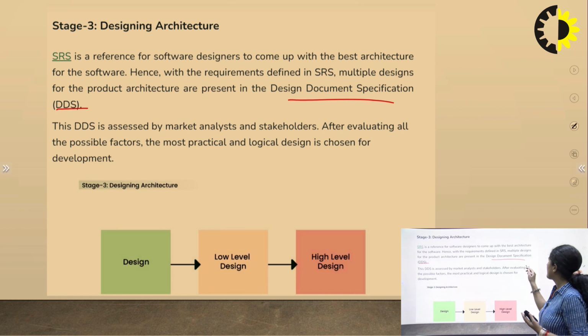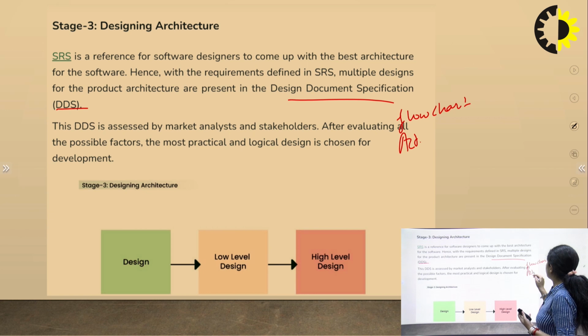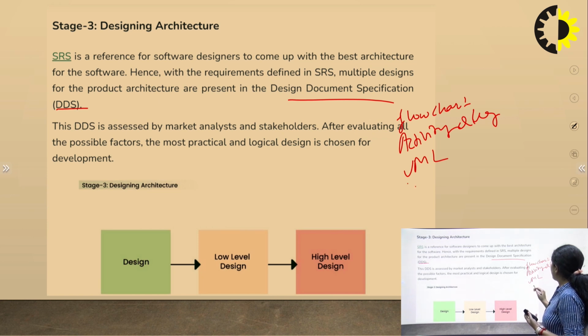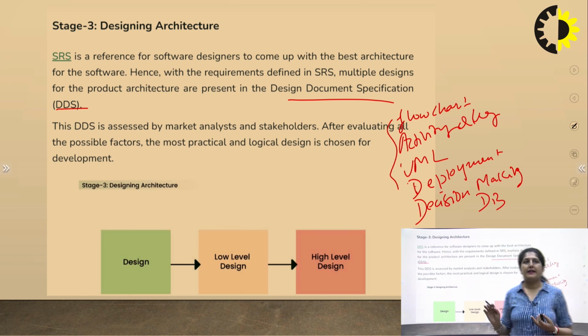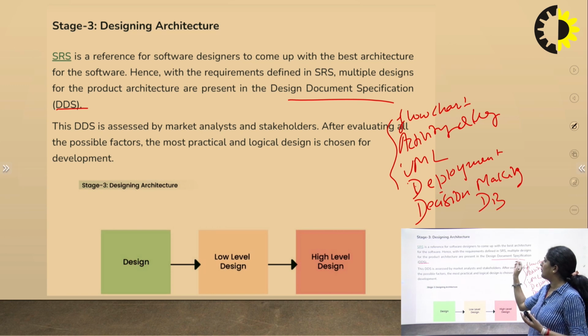So here flow charts, activity diagrams, UML diagrams, deployment diagrams, decision making diagrams, all these diagrams come under the designing phase, that come under the design document specification, DDS.